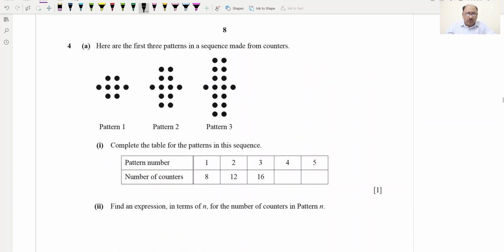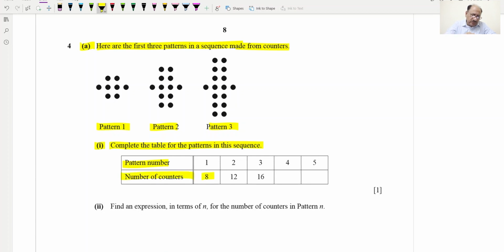Now question number 4 is a sequence pattern question. They're saying part a. Here are the first 3 patterns in a sequence made from counters, and pattern 1, 2, 3 they have provided, and we have to complete the table for the patterns in the sequence, pattern number and number of counters.